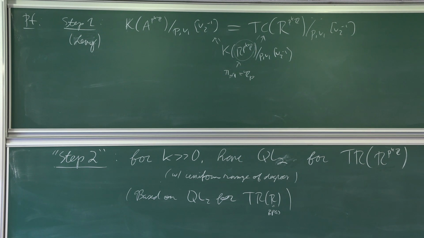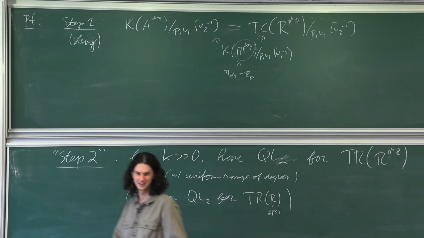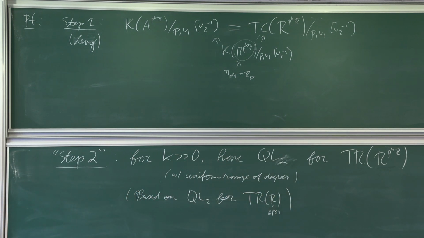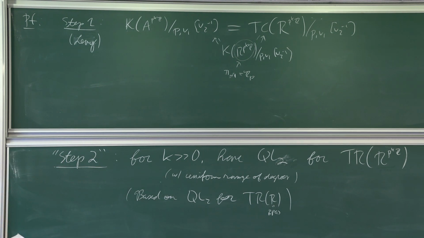It's really like the technical heart of the argument, and you have to do a lot of preliminaries to get this. So the deduction of the Quillen-Lichtenbaum property for this fixed points from the Quillen-Lichtenbaum property for R itself is actually one of the main technical points in the paper, one of the most difficult things to do. But I'm not going to say any more about it except this.